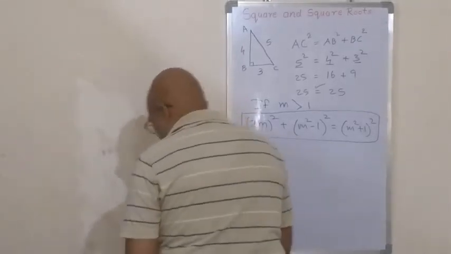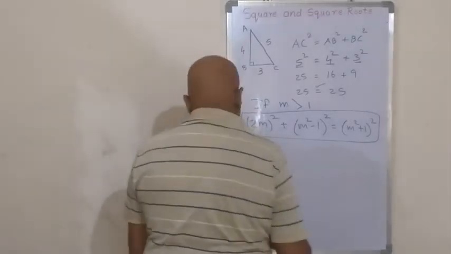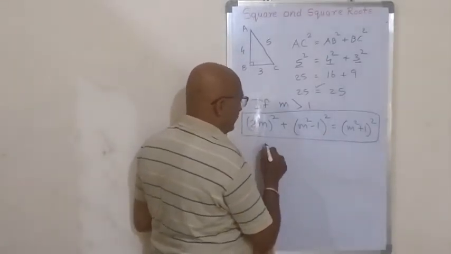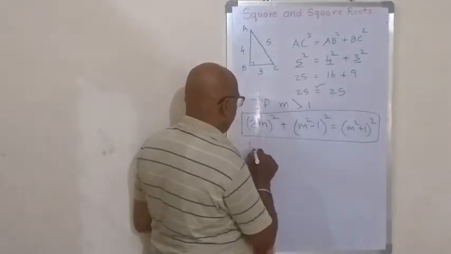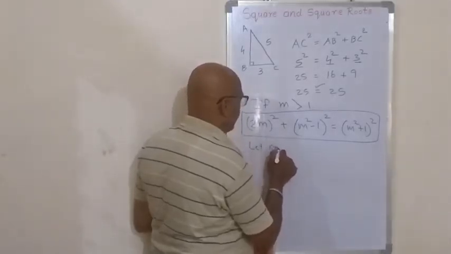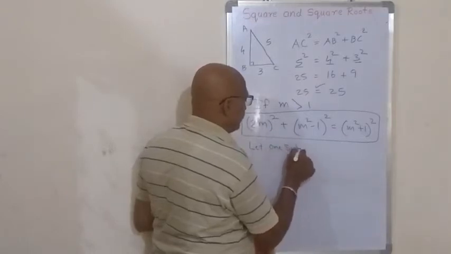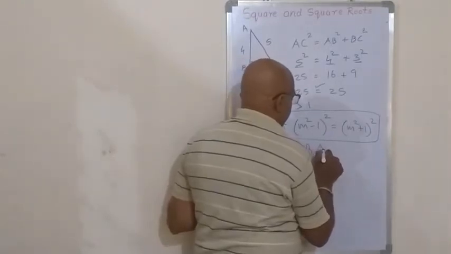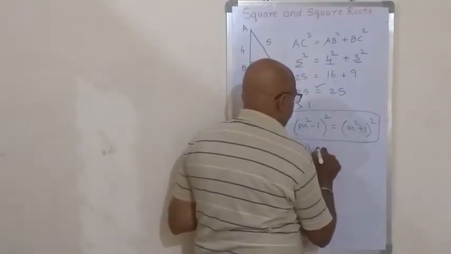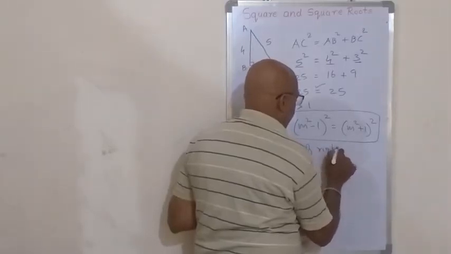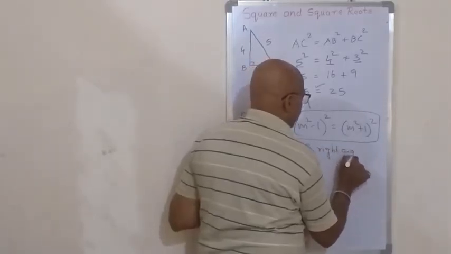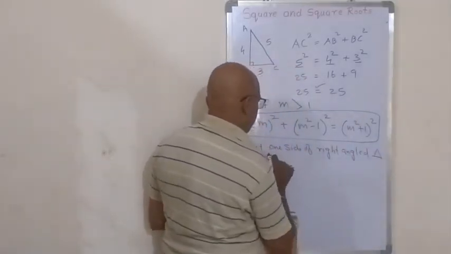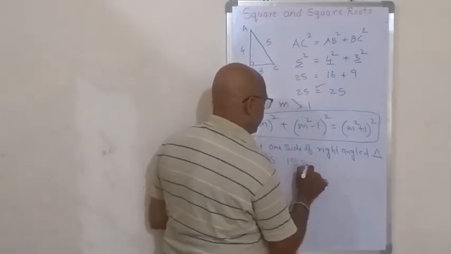Now suppose a number is given to you, say 15. One side of a right angle triangle is 15 units.